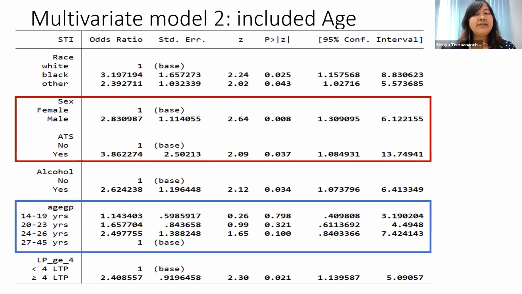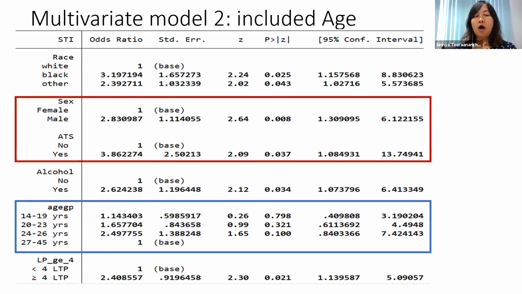There were some slight changes of odds ratio, such as an increase in odds to 2.8 in male, and a decrease in odds for ATS use to 3.8, and the other variables are still significant when included in the model, and also the lifetime partner. So even when we add it, the other predictors are still significant with STI.